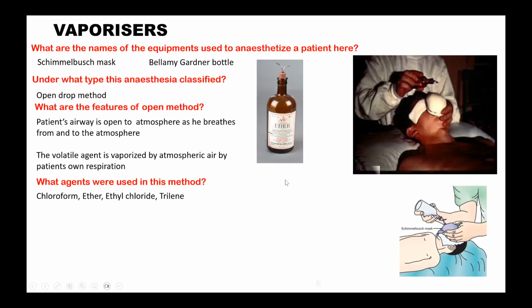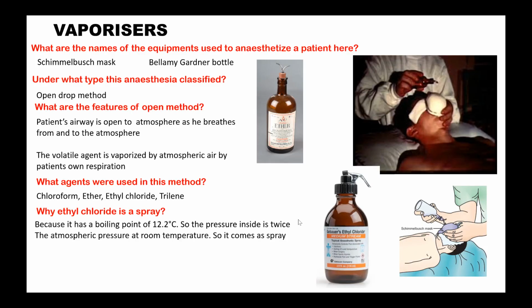They're all the open drop method, where initially we used an agent called ethyl chloride, which was used as a spray. Because it has a boiling point of only 12.2, the pressure inside will be twice the atmospheric pressure at room temperature. So it comes as a spray, and this is the control lever to allow the vapor to come out.